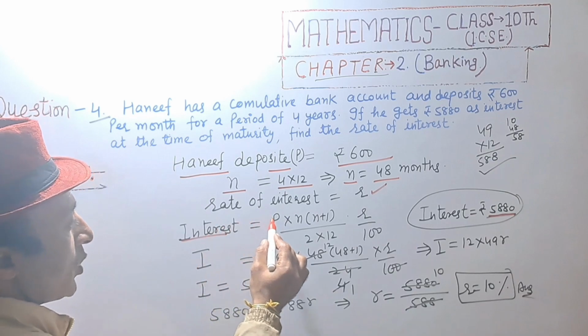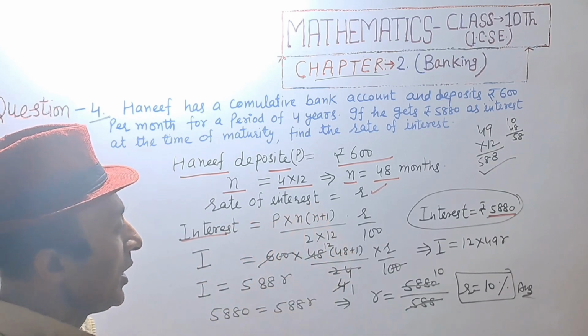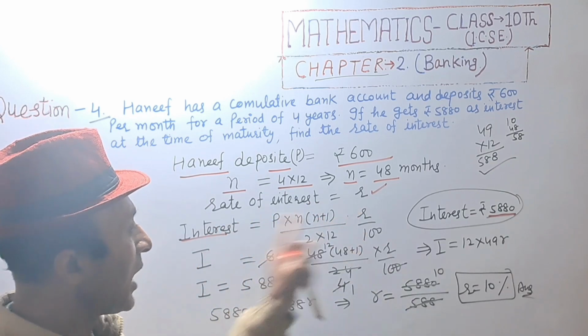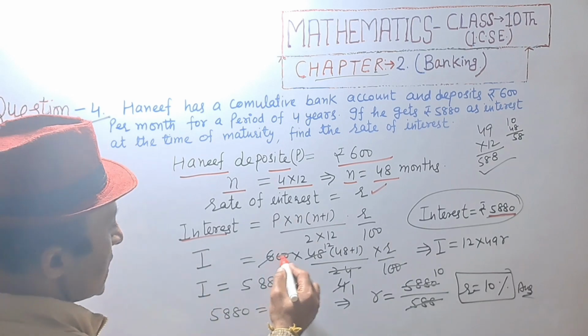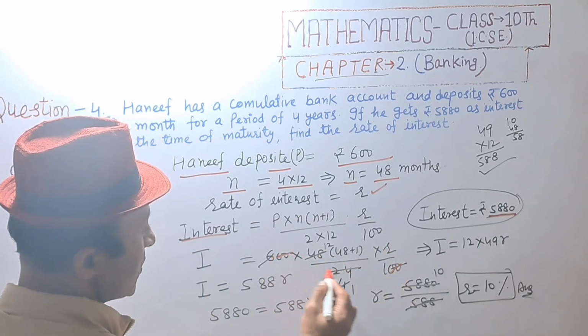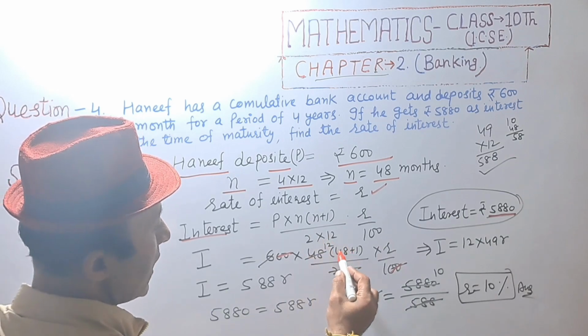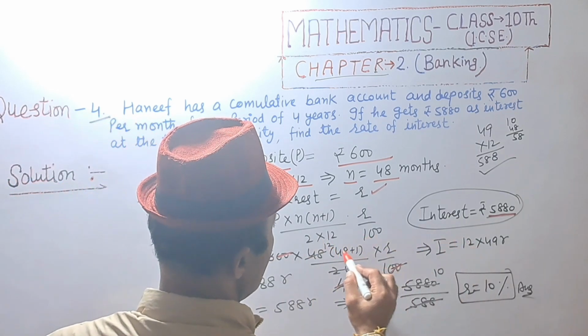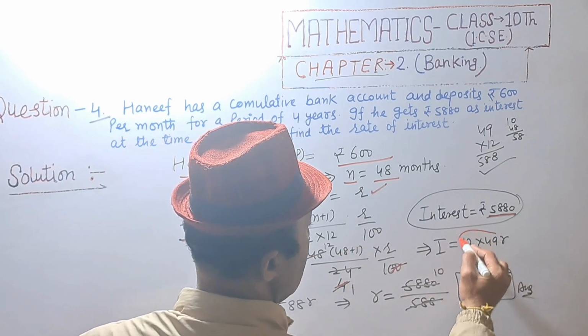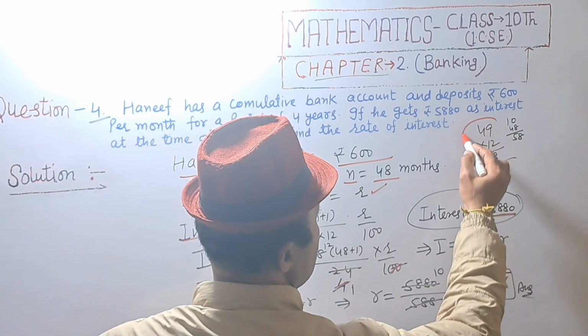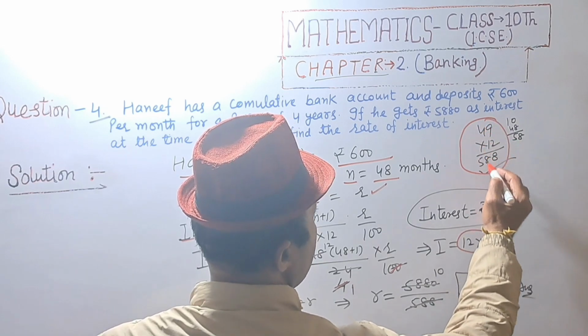So interest is equal to P into N plus 1 divided by 2 into 12 into R upon 100. This is cancelled and we get 6 4s are 24, 4 1s are 4 and 12 4s are 48. We are multiplying 12 into 48 plus 1 is 49, and multiplication of 49 and 12 is equal to 588R.